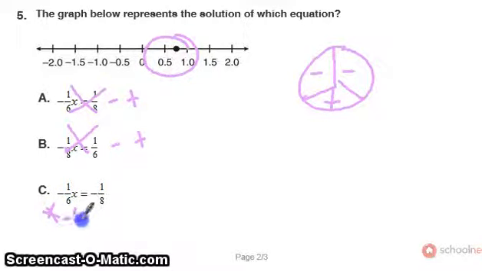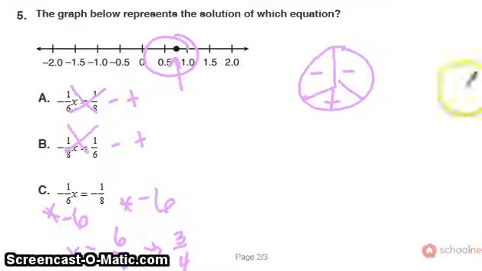I'm going to multiply both sides by negative 6. I still have to get rid of that negative sign. I want my variable to be positive. So x here is equal to negative times negative is positive. And I've got 6 over 8. And that will simplify to 3/4. And that looks like that would work.